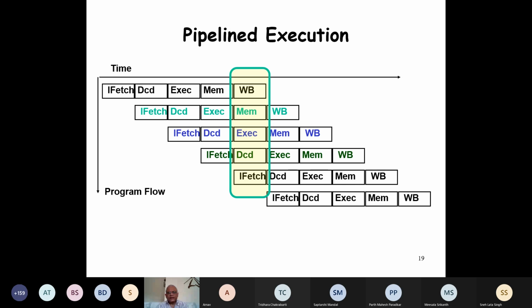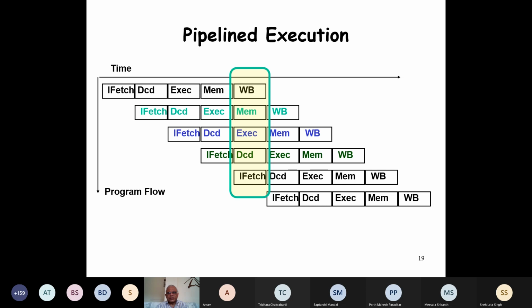And the same thing in instruction execution. For the first instruction, we do the instruction fetch. As soon as the instruction fetch of the first is complete, we start the decode for the first instruction. In the meanwhile, for the next instruction we do the instruction fetch.